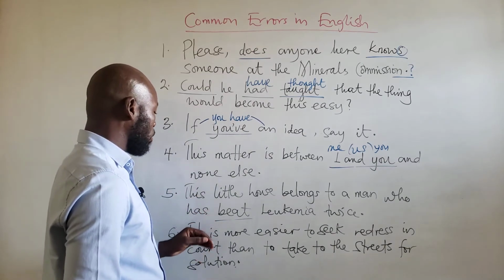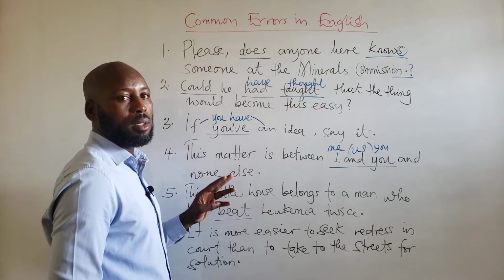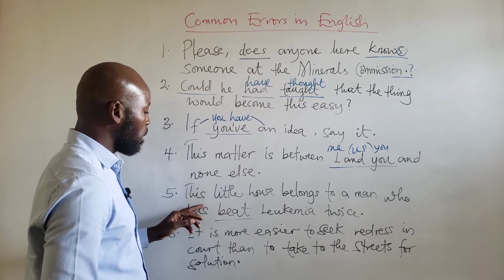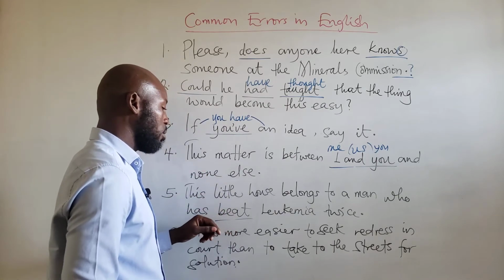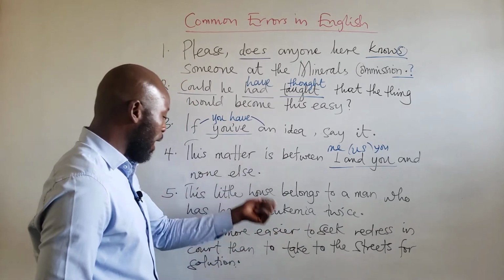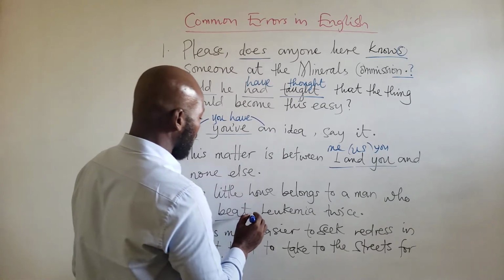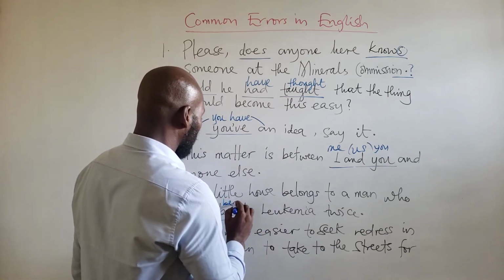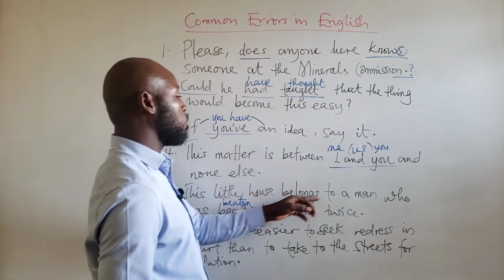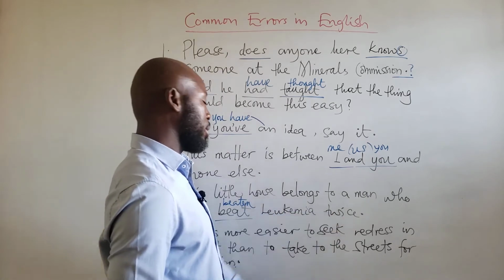The principle: whenever you are using any of the forms of has, have, and had, after it immediately or later, if it is qualifying an action verb, that particular action verb must be in the past participle. So beating. So this little house belongs to a man who has beaten leukemia twice.